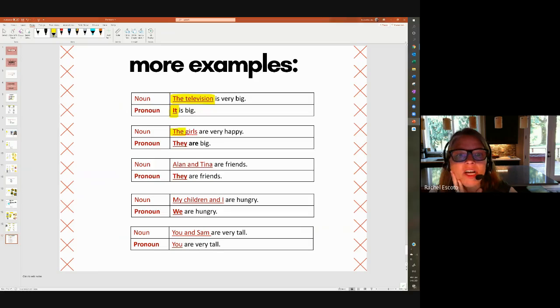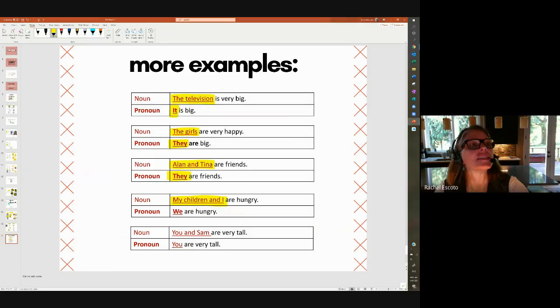We go from the girls are very happy to they are happy, right? A plural, female, male group of things, they. Alan and Tina, we have a boy and a girl, but this is more than one, so we know it's they.